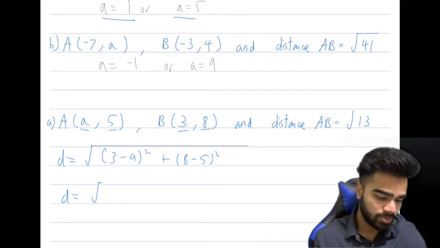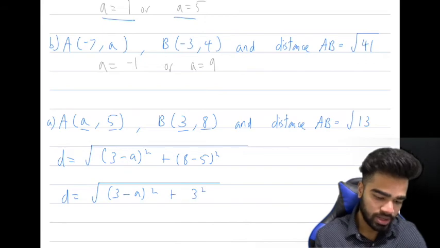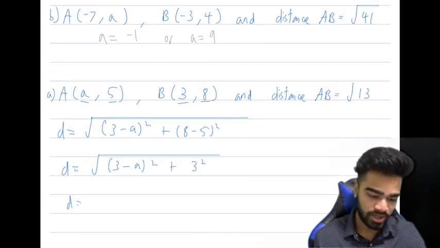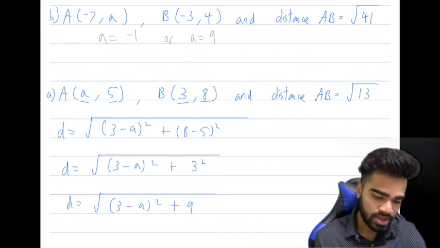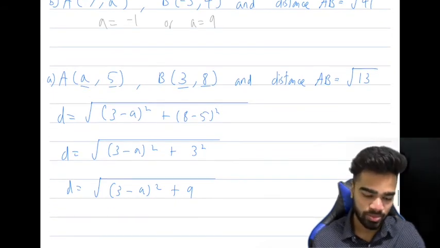We'll simplify this as much as we can. 8 minus 5 is 3. We'll leave the bracket as it is. So it'll be 3 minus a squared plus 9. We pretty much simplified everything.